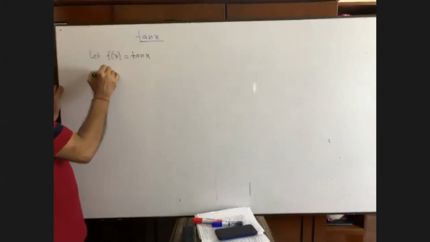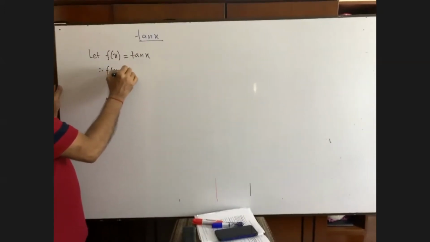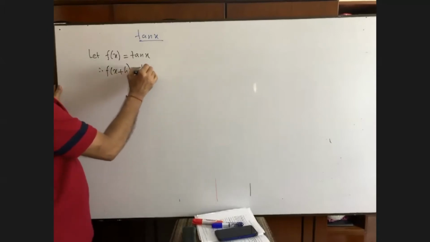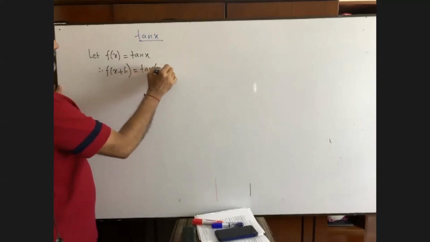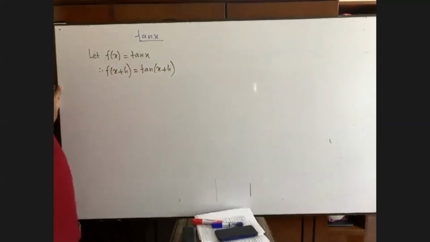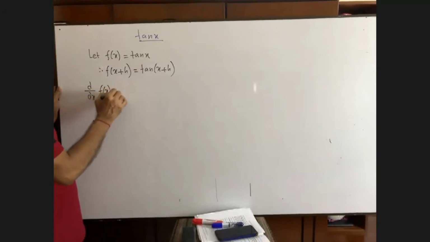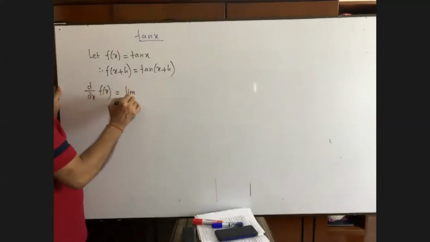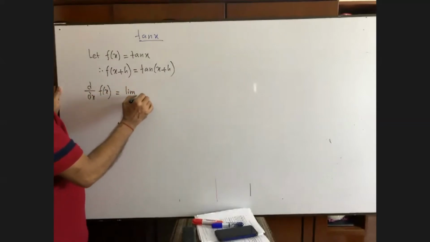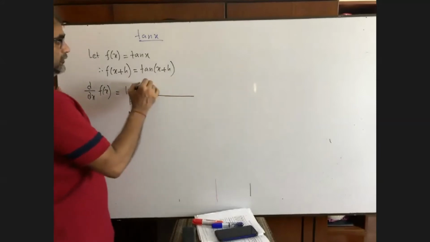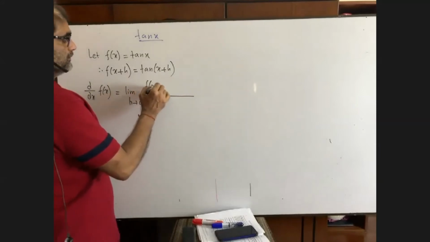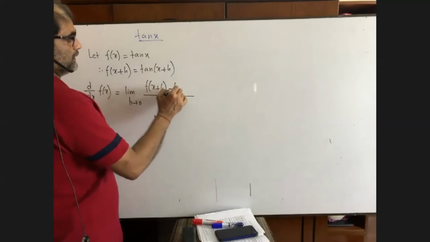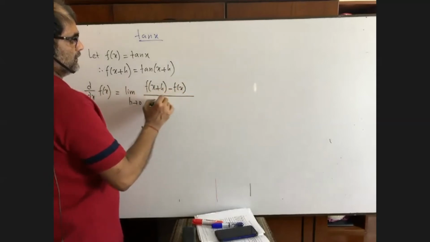Therefore, f of x plus h equals to tan of x plus h. We know d by dx fx is equal to limit h tends to be 0, f of x plus h minus fx by h. This is the formula.